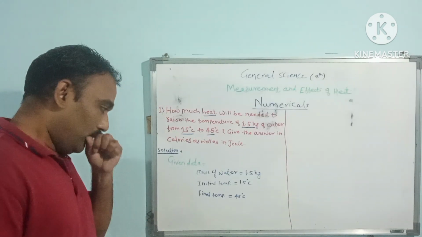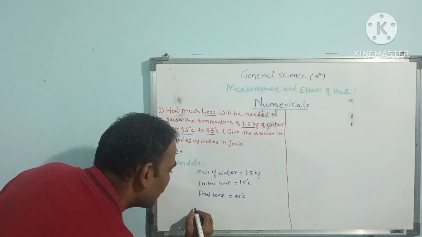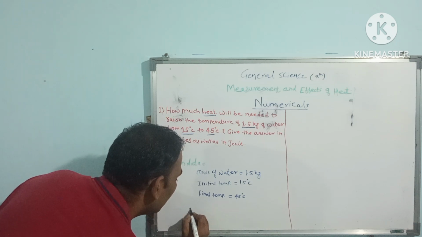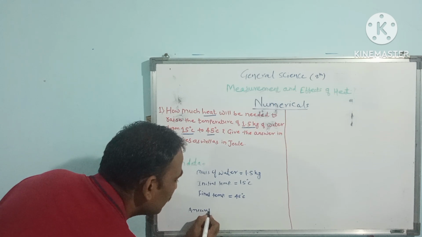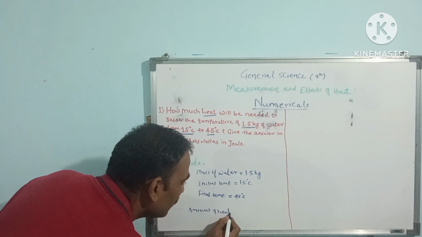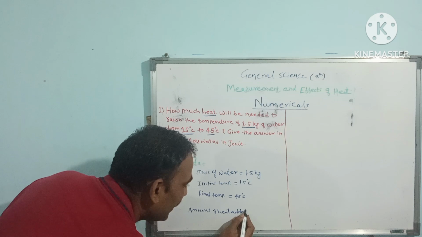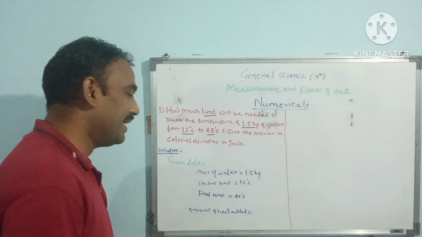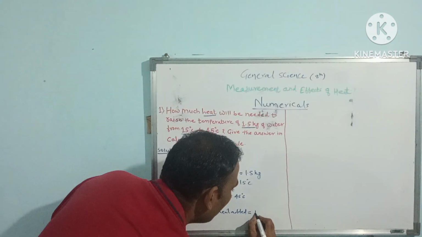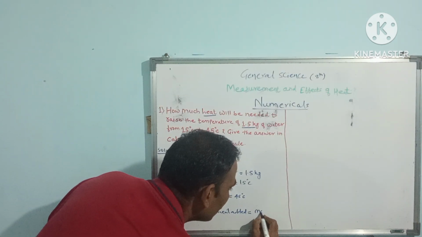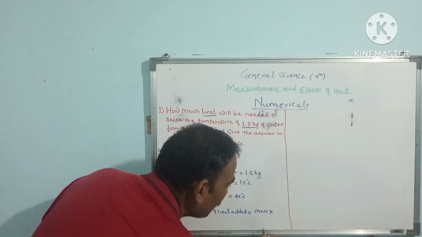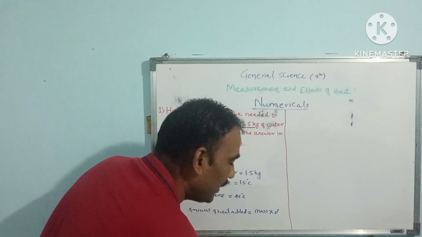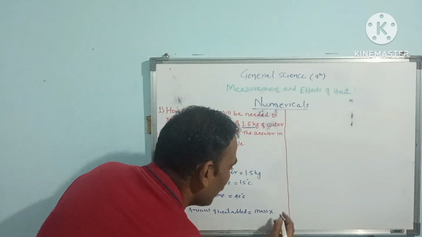Now, as I told, there is a relation between the amount of heat added to any substance or any mass and the mass of that substance into the temperature difference.